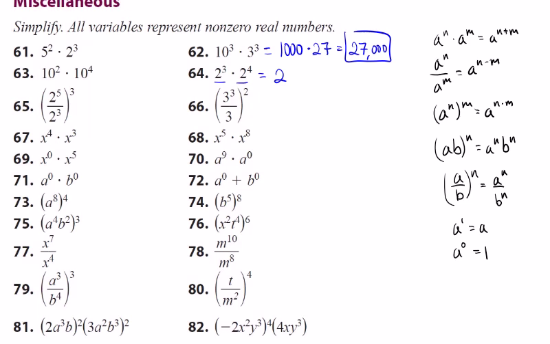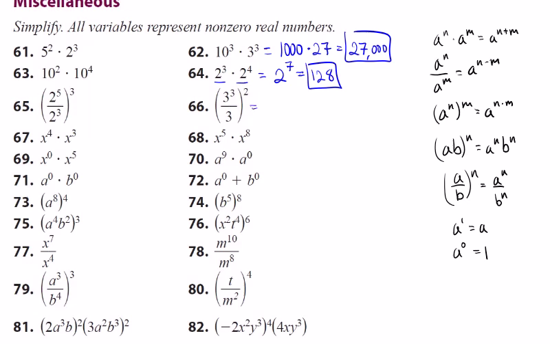When we multiply the bases, we can add the exponents. So 3 plus 4 is 7. And 2 to the 7th power is 128. Now we didn't have that option with 62 because 10 and 3 are not like bases.